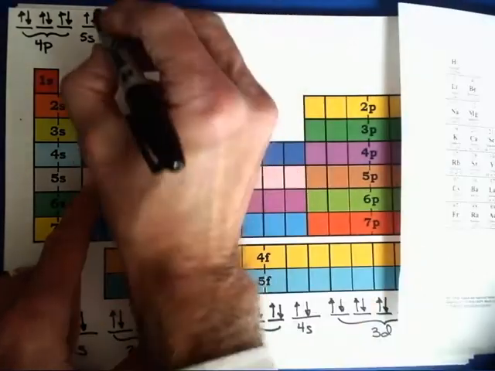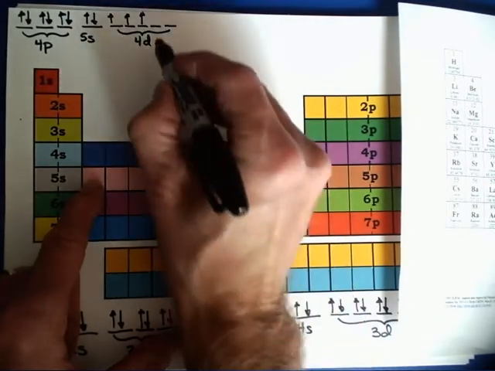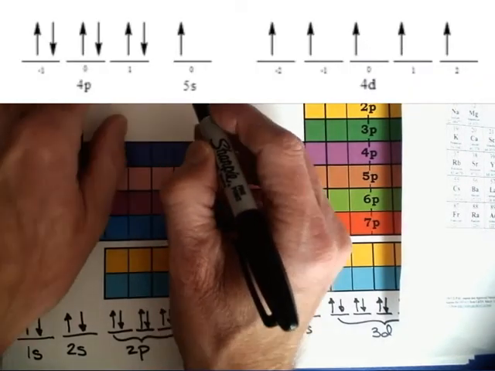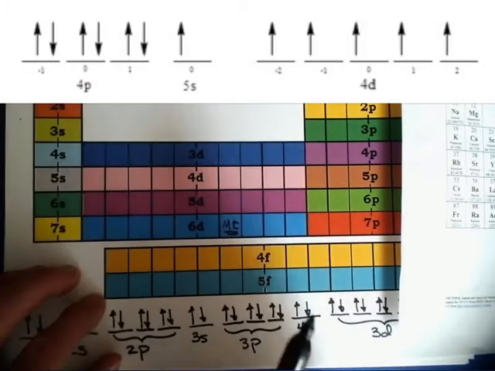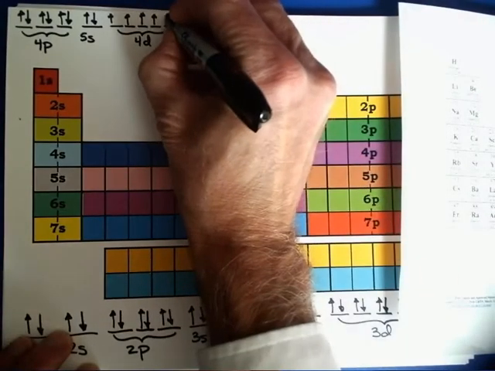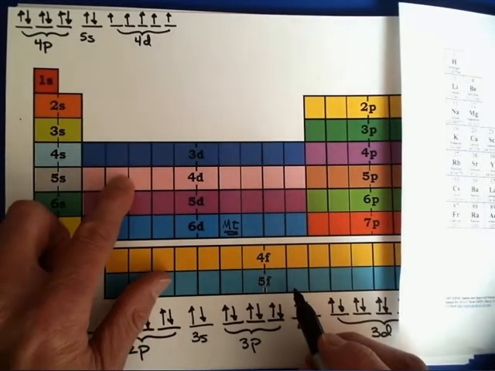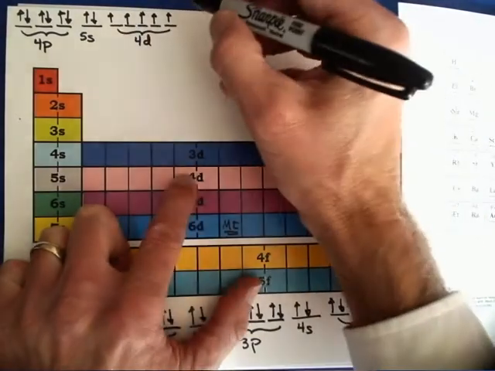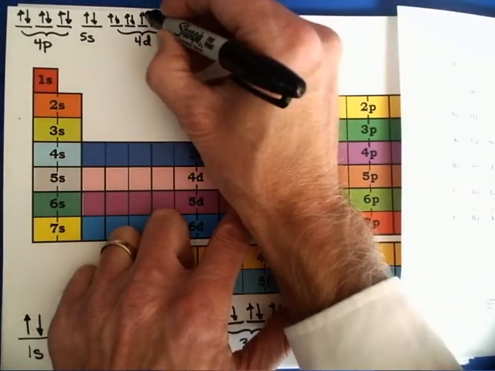So here we go. We're going to go yttrium, zirconium, niobium. You can probably imagine at molybdenum, we're probably going to lift that electron out of the 5s and have a half-filled d subshell and a half-filled 5s. And of course, that's what happens. And then we have technetium, ruthenium, rhodium, palladium.